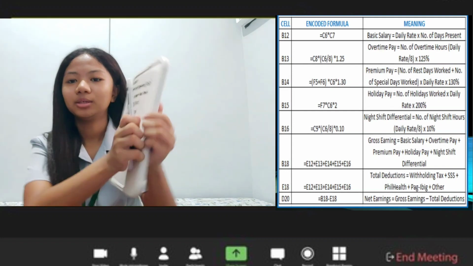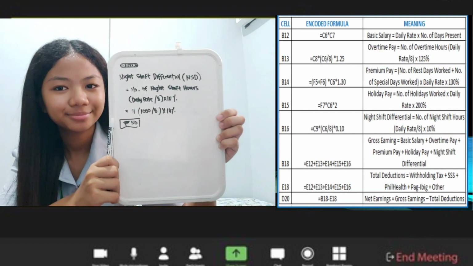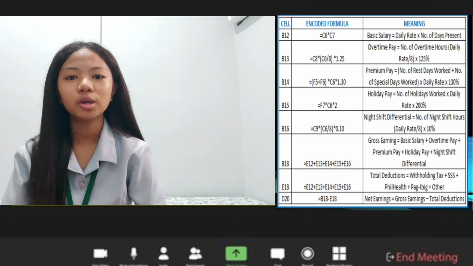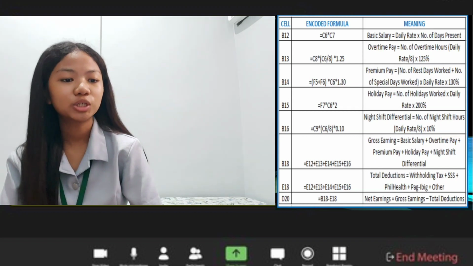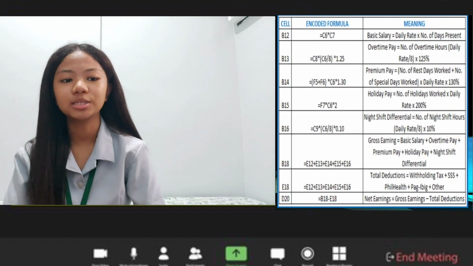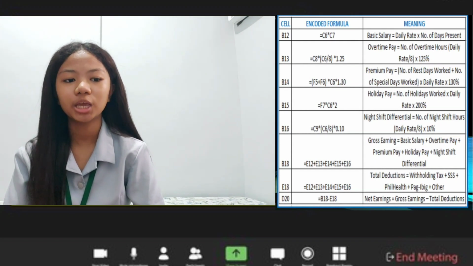Okay, great. So here's the solution. If you are using MS Excel, you need to encode the following formula, which is equal sign C9 asterisk open parenthesis C6 slash 8 close parenthesis asterisk 0.10.